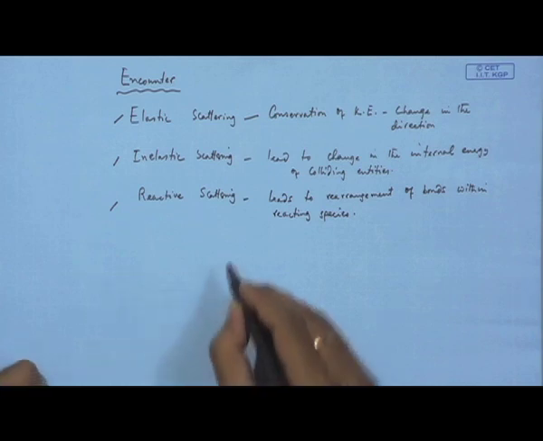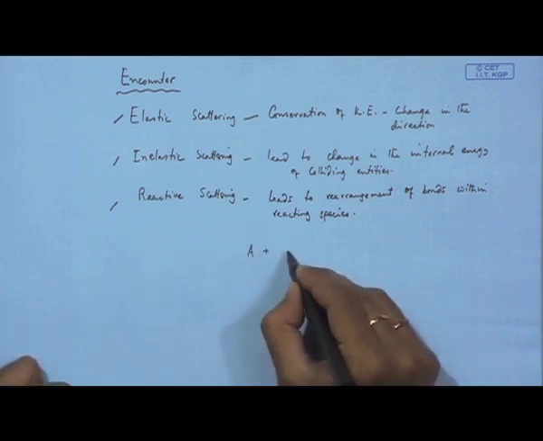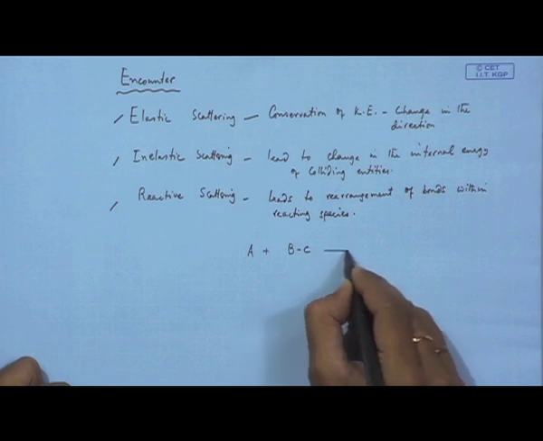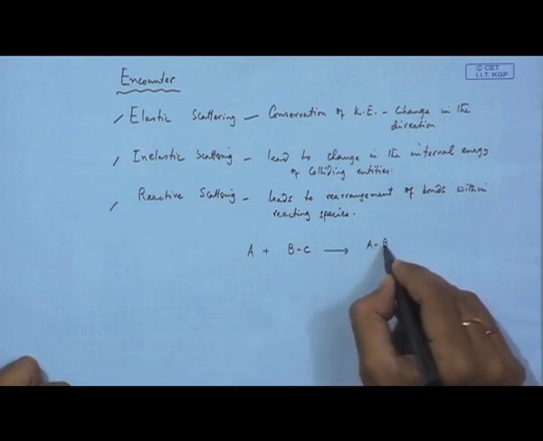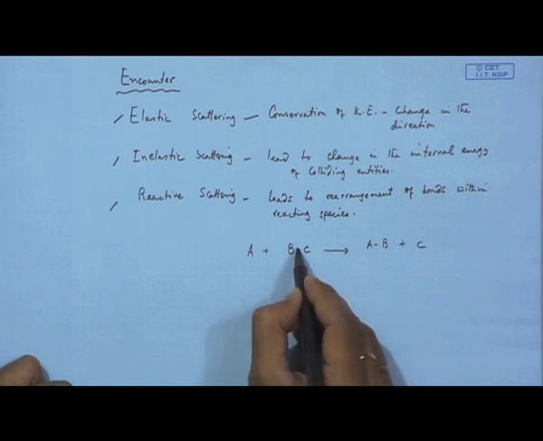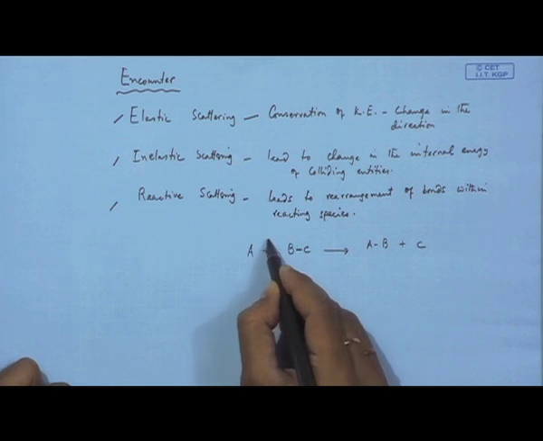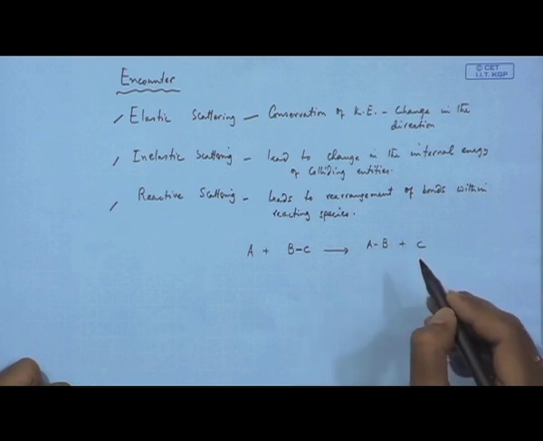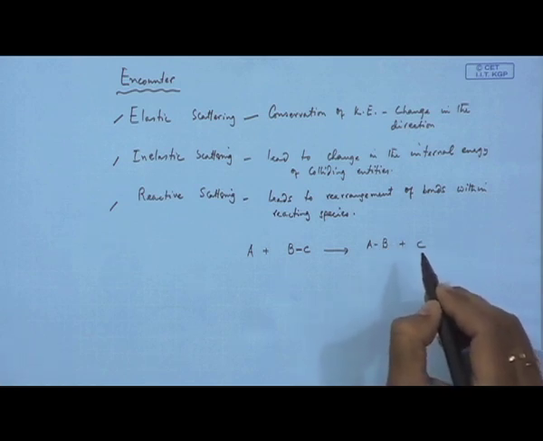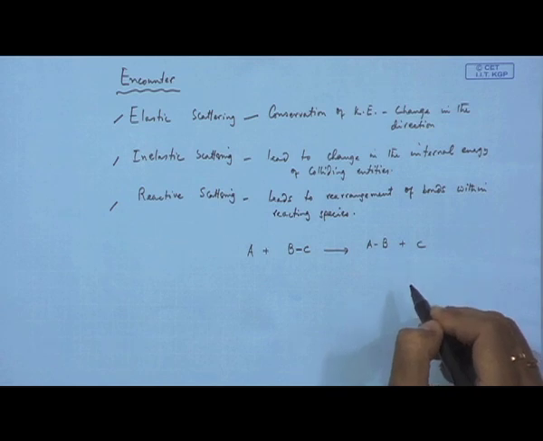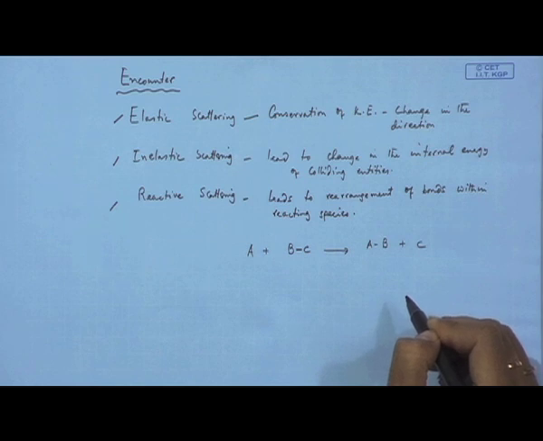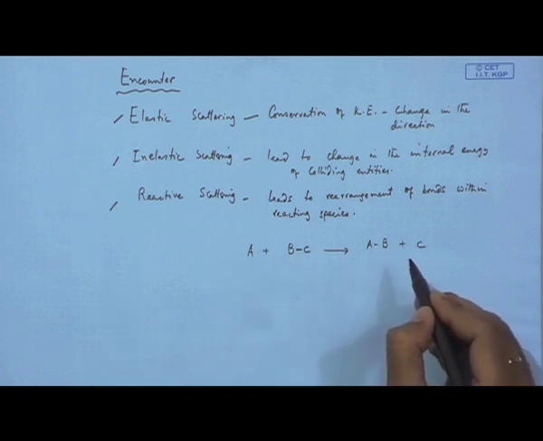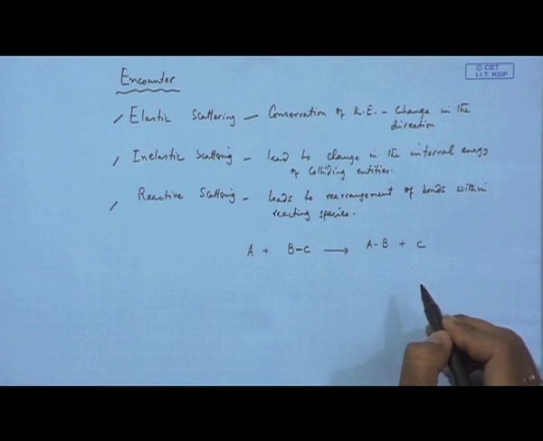So, say you have A plus BC giving rise to AB plus C. As if this bond has migrated in between, and C is freed. So, this scattering has led to effective chemical reaction.